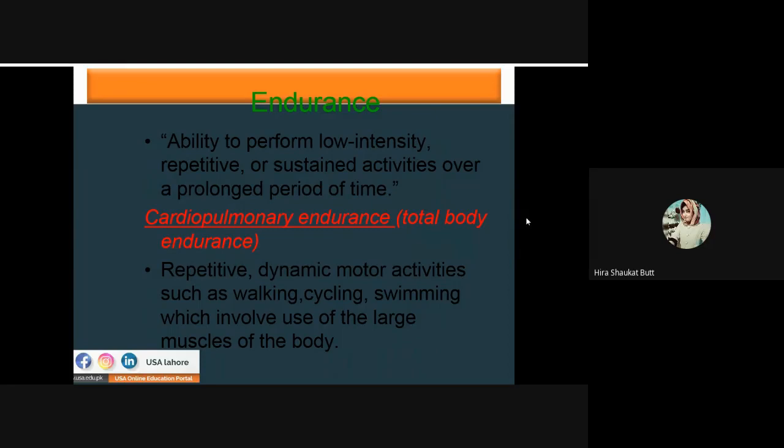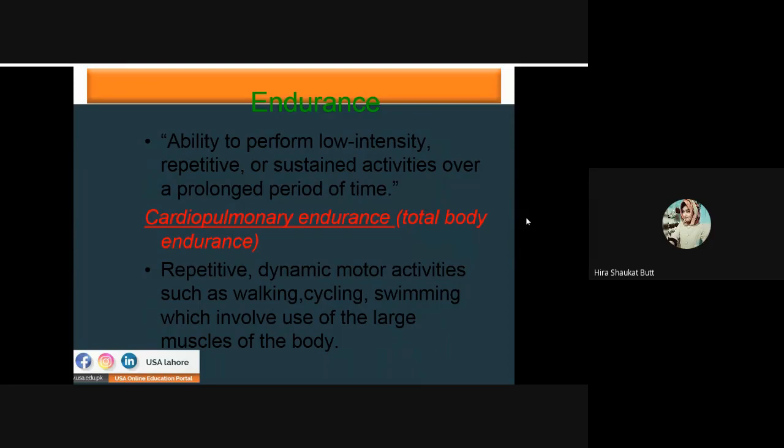All right, so if you say that a person can do this, that will be his strength or his capability. If a person can do more work in a short time period, that will be his power. And if we say that the person is able to do more work without getting fatigued, then that will be endurance. So, the ability to perform low intensity, repetitive, or sustained activities over a prolonged time period, that will be muscle endurance.